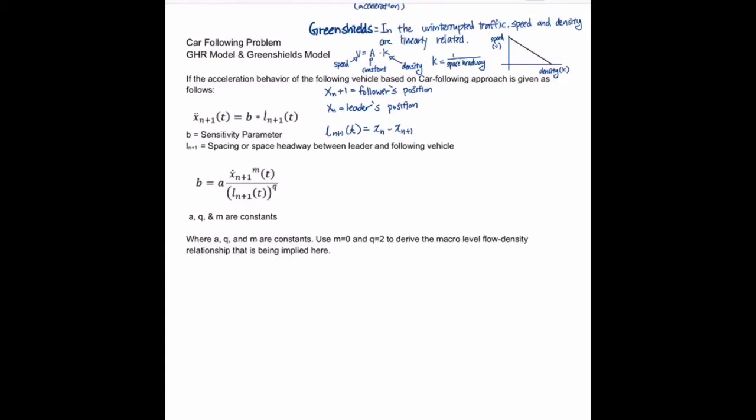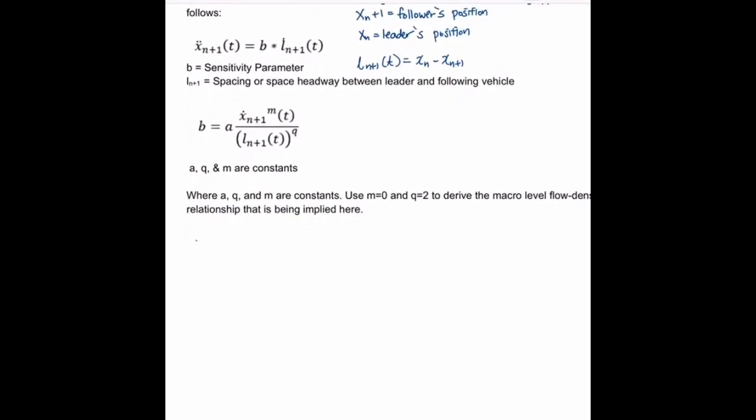So now I'm gonna start solving the question. I'm first gonna substitute this B into this equation here. So it can be first written as the acceleration of the follower equals A times the speed of the follower divided by the space headway to the power Q, times the relative speed, which is the derivative with respect to t.